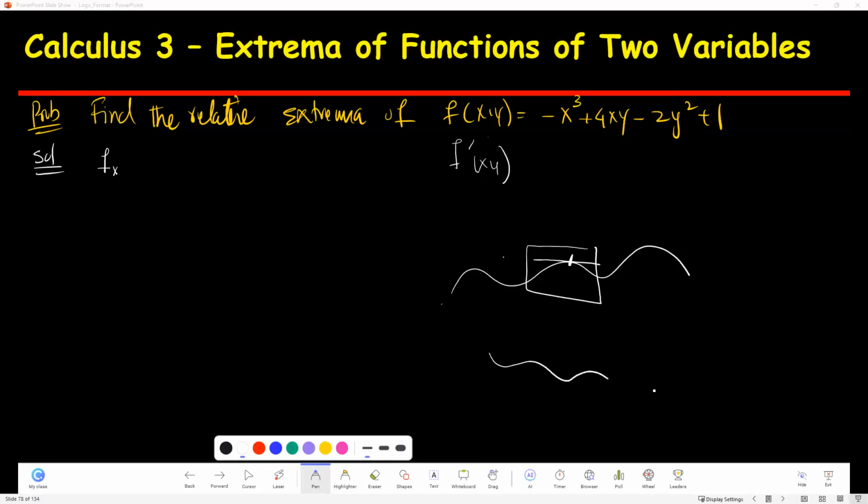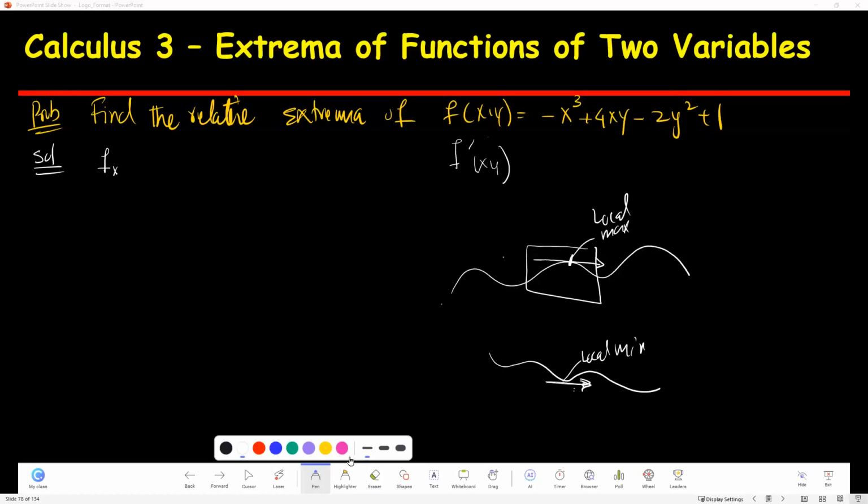If I find the tangent point, I get these tangents. Looking at this, this is a local maximum, this is a local minimum, and this is a local.